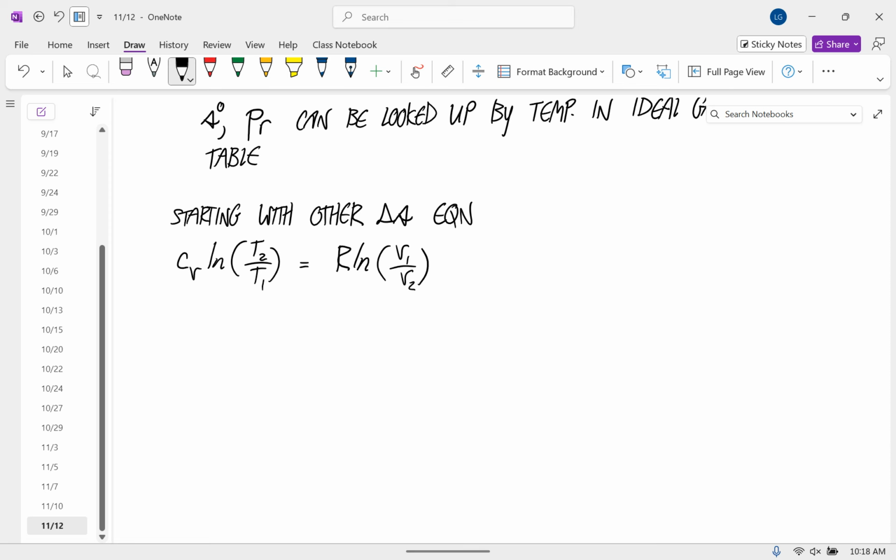So the order is switched on that side. And then I'll write this as natural log of V1 over V2 is equal to Cv over R times the natural log of T2 over T1.